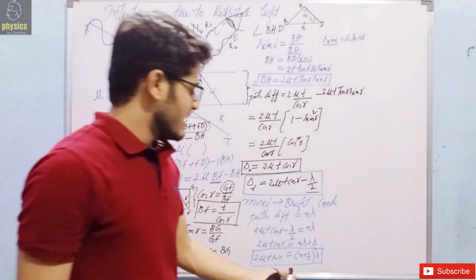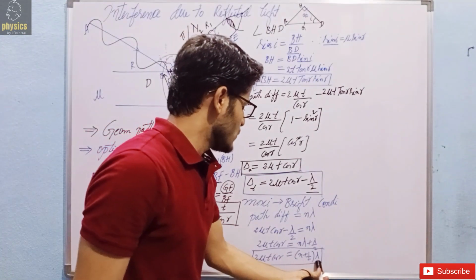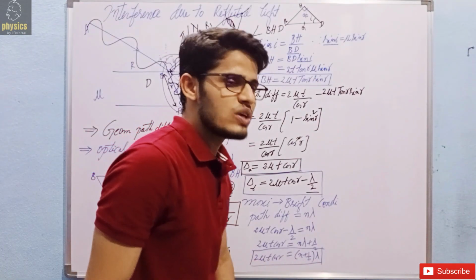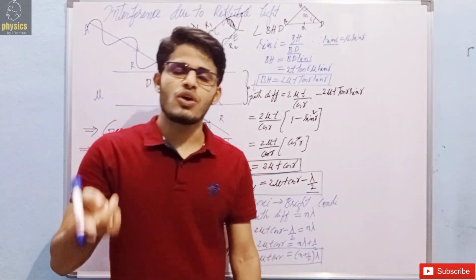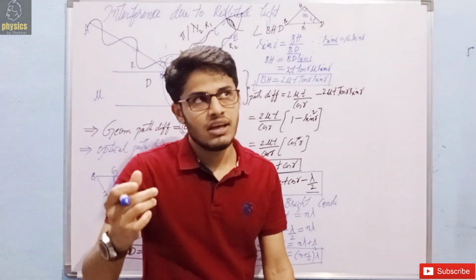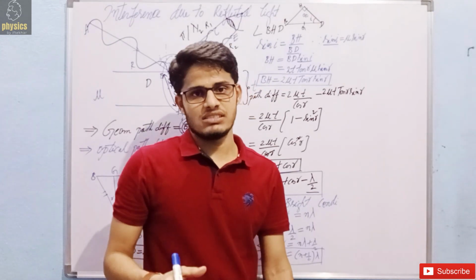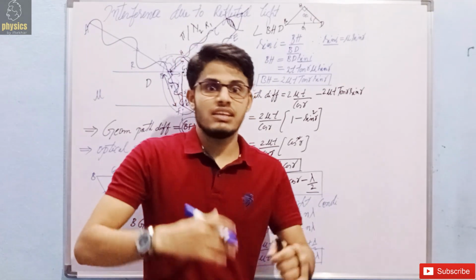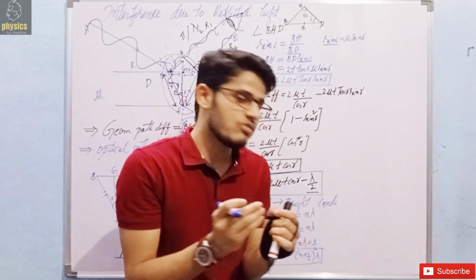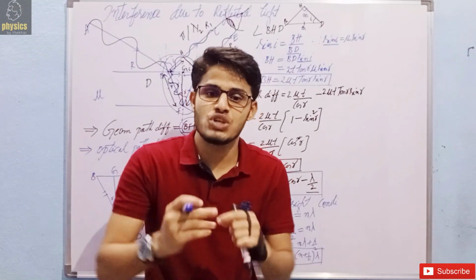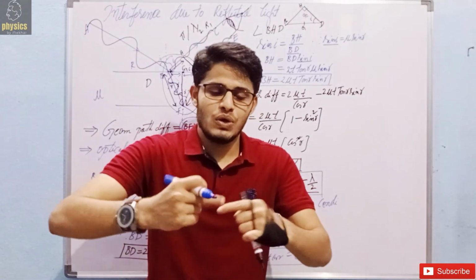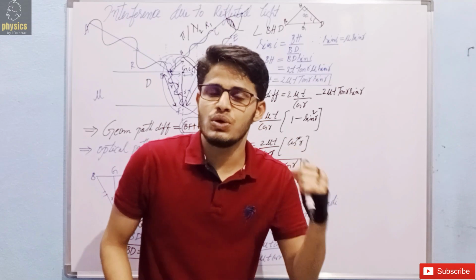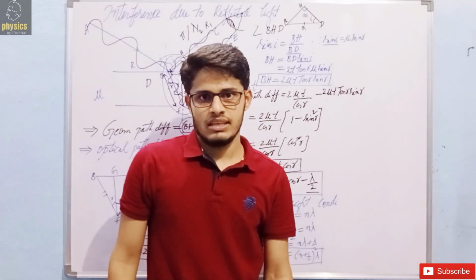But you see, this path difference is not similar to what we got in the Fresnel biprism and the Young's double slit experiment. The condition of the path difference to get a bright fringe got flipped. Why? Because of this reflection due to the denser medium.